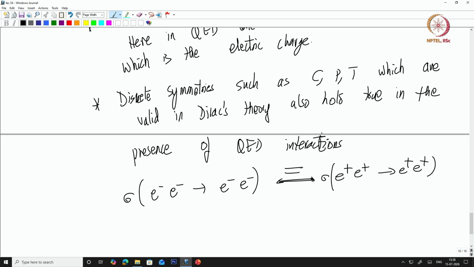If you do an experiment with Mott scattering with electrons and then replace it with positrons, the answer is exactly the same, the amplitudes and cross sections match.